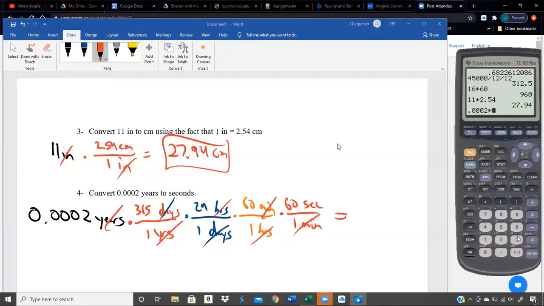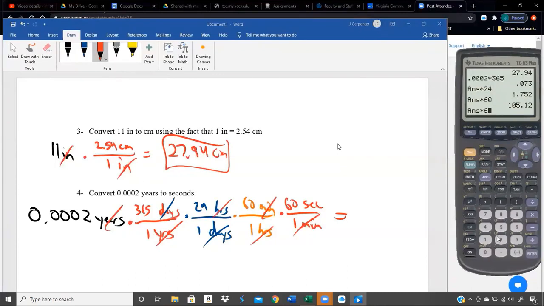times the 365. So now we're in days. So you can even do this one step at a time. So 0.0002 years is 0.073 days. Multiply by 24. That says 0.0002 years is 1.752 hours. Multiply by 60, and it'll be in minutes. So it's 105 minutes.